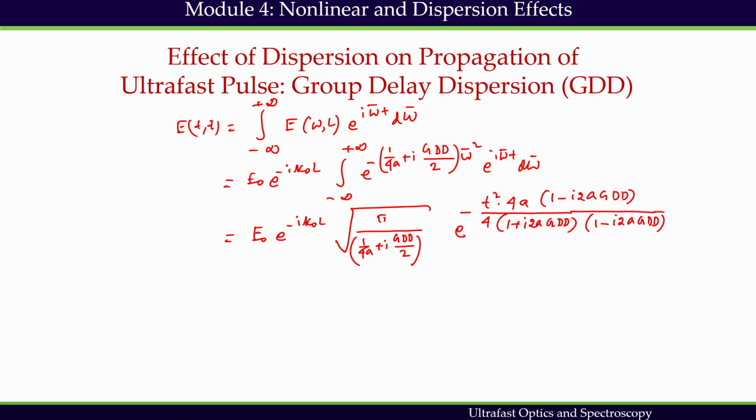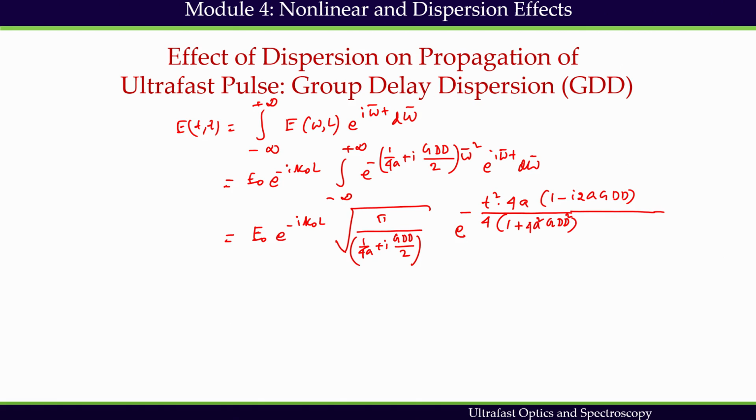So this one is going to be 1 minus 1, this is going to be 1 plus 4a square GDD square, and this is gone, and that's the way we get back this expression.